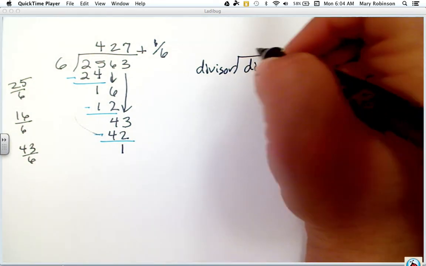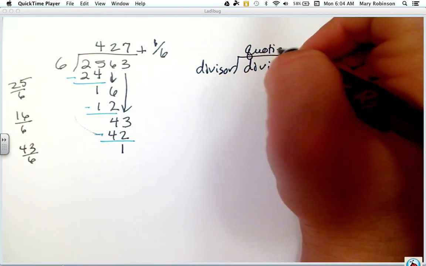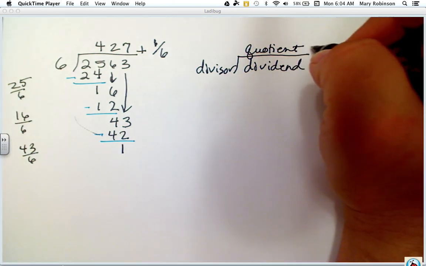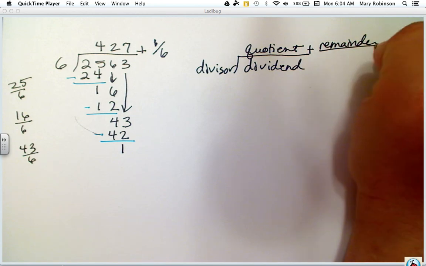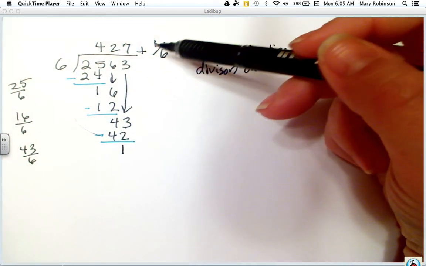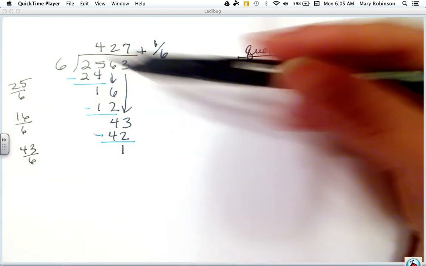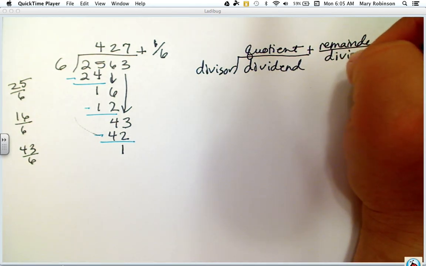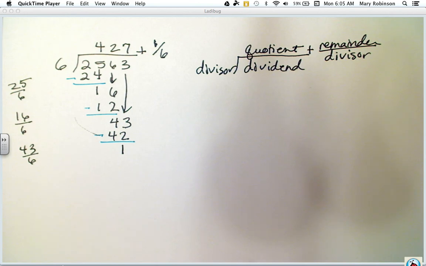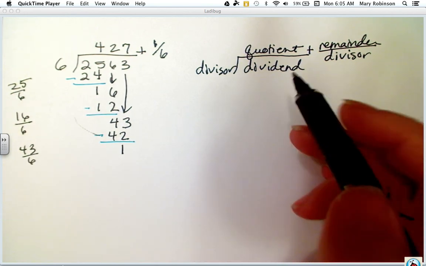The answer we get is our quotient. So what we'll be doing is the quotient plus our remainder over, and remember, just like over here, we did the remainder over the 6, which was our divisor. So it's going to be plus the remainder over the divisor. So when we use this terminology, be familiar with that.